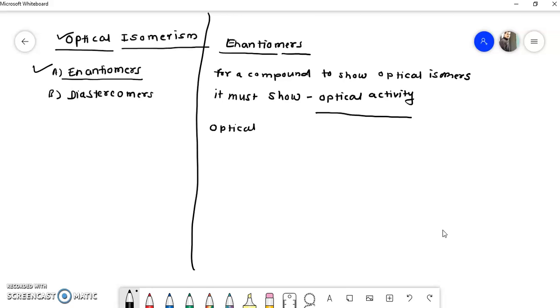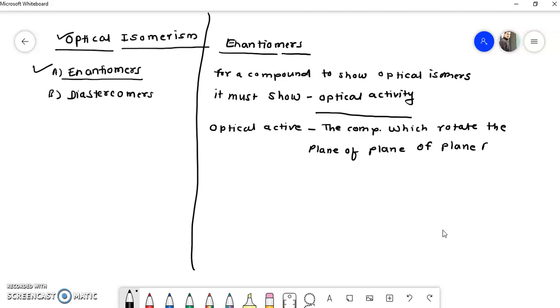And which compound is called optically active? The compound which rotates the plane of plane polarized light to left or to right is called an optically active compound.